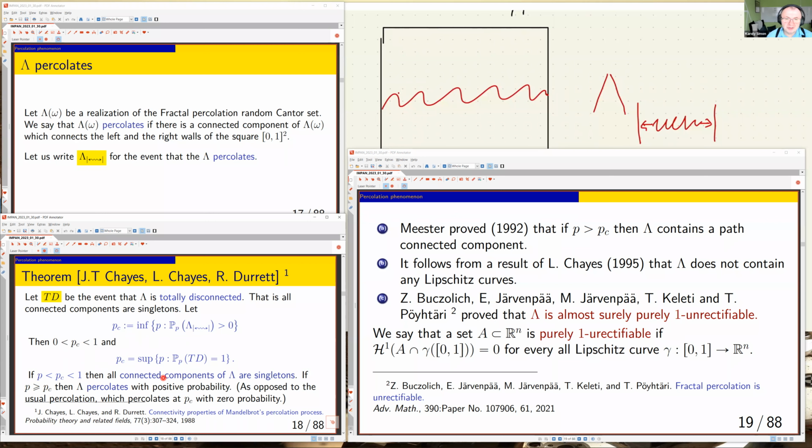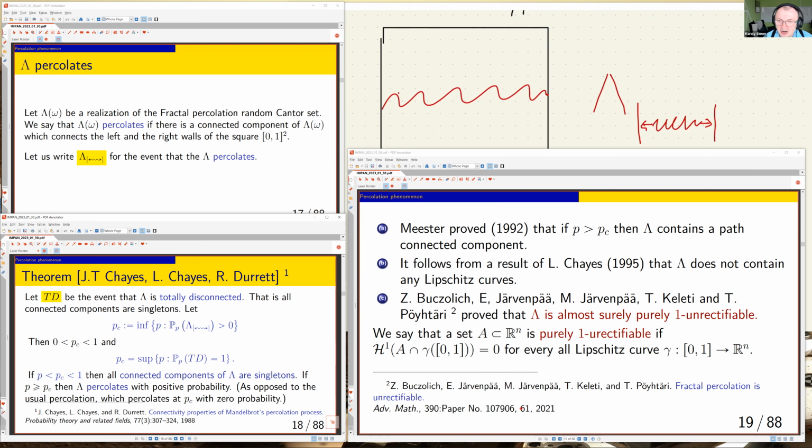And then there have been many other papers which followed this line. For example, Ronald Meester proved that if p is bigger than this critical probability, so if lambda somehow connects the opposite walls, then it contains a path-connected component. And then Chayes wrote a survey paper from which it follows that lambda does not contain any Lipschitz curve.